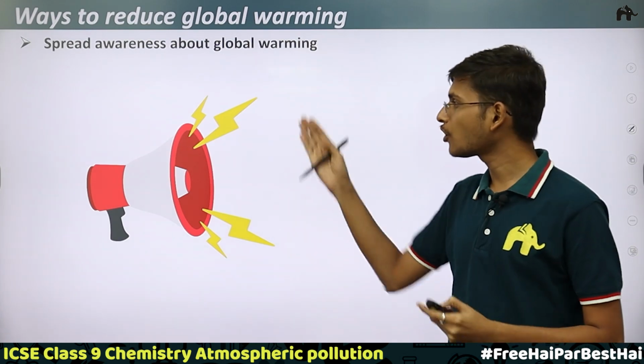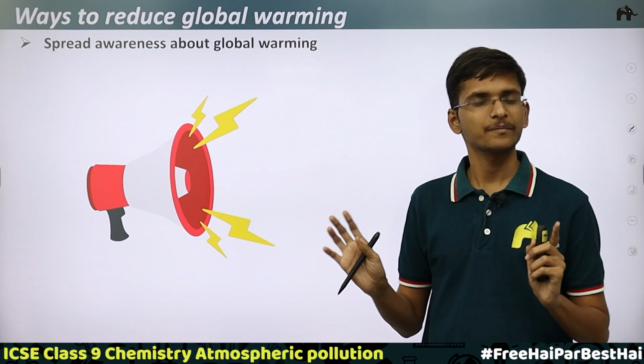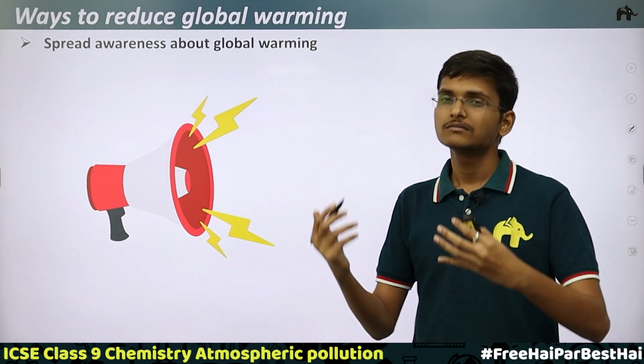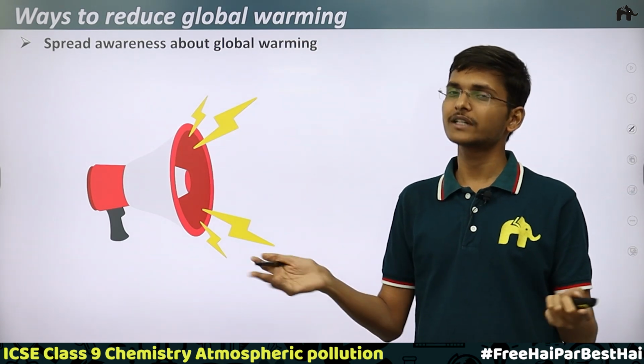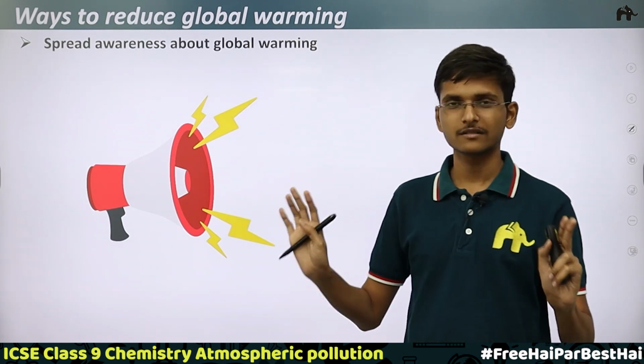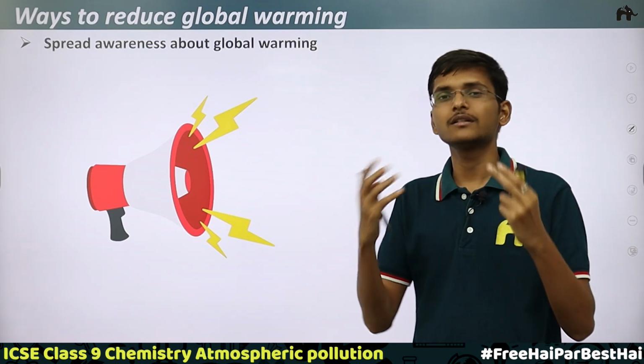So it would result in all these things. You can spread awareness about all these effects, so that people would be more cautious and think before letting carbon dioxide go into the atmosphere. This doesn't mean that you shouldn't breathe. It's quite natural, because we need to breathe, because we need to live.